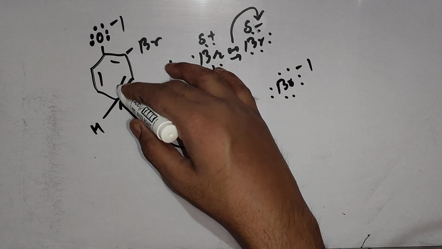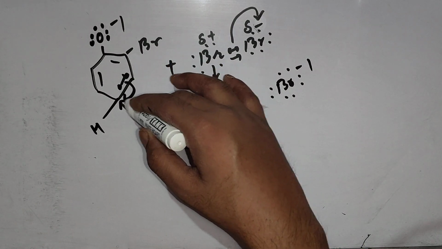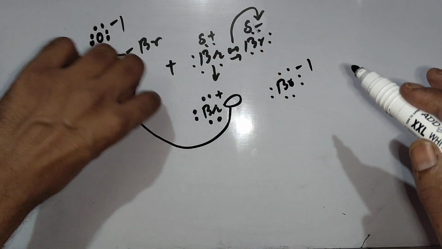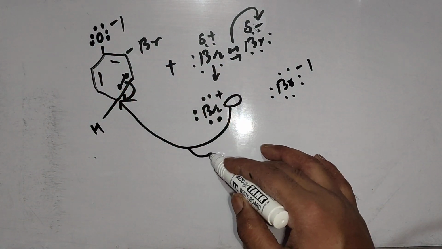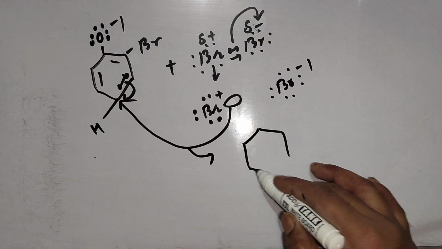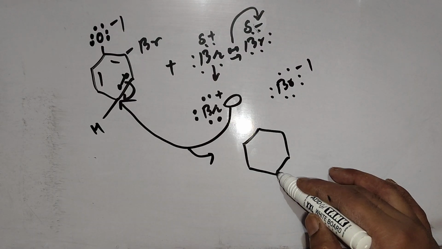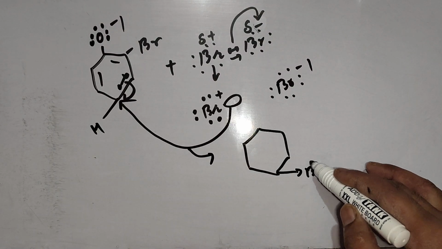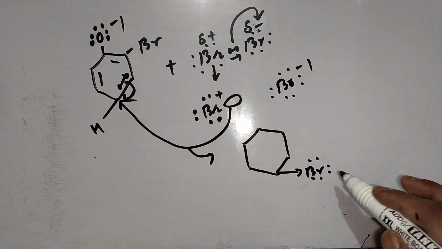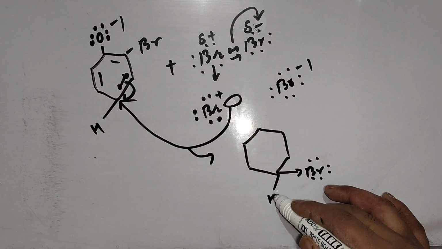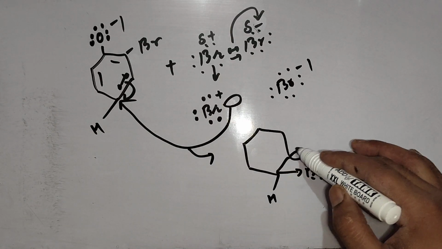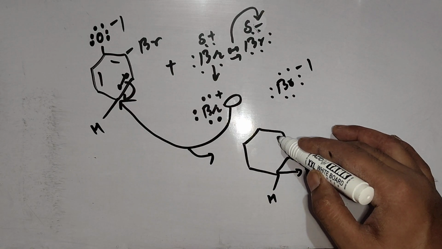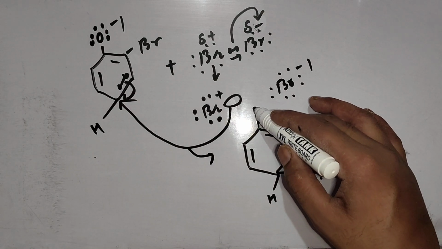When it attacks on this, these pi electrons will shift toward this carbon and these electrons it will use to make a bond with this bromine. Here a dative bond will generate, charge will finish, already discussed with you, hydrogen as it is. This carbon will become a carbocation, rest of the molecule as it is, no change.